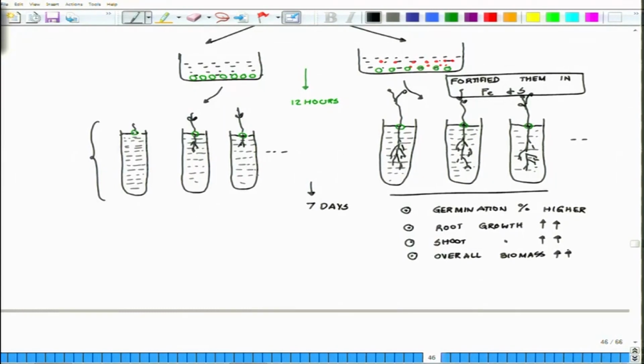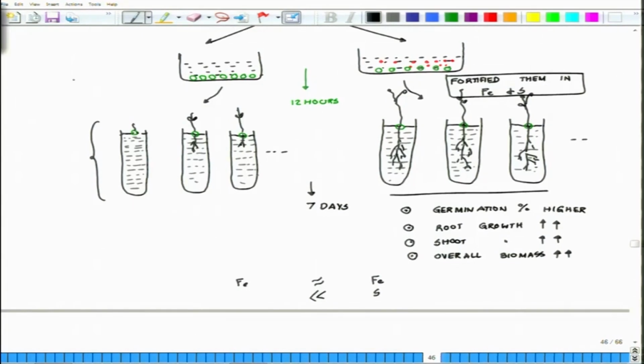Apart from it, it was observed upon analysis that iron concentration in both these plants remained more or less constant, okay? But definitely there was a difference in the sulfur concentration. Sulfur was higher in these plants, and apart from it there was a difference in a few other elements.